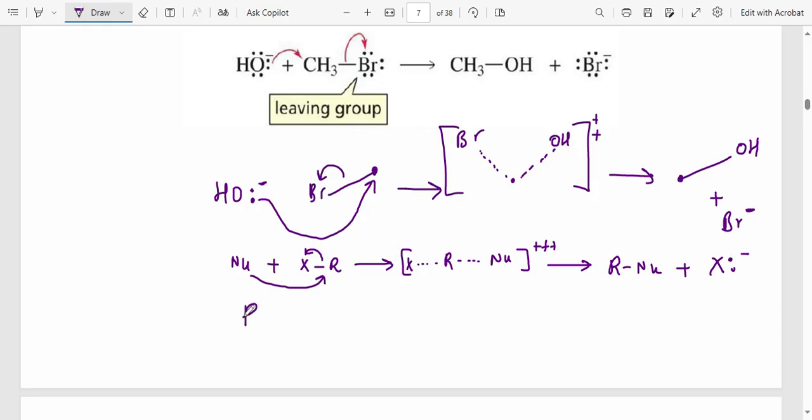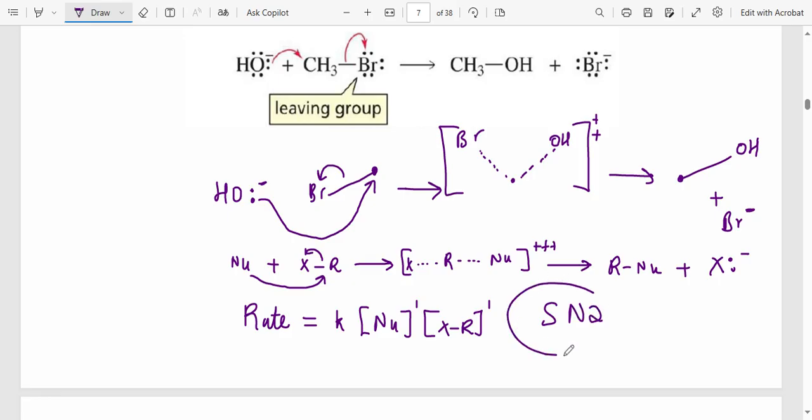So we can find the rate of this reaction. And the rate of the reaction is given by the rate constant K multiplied by, on the reactant you have got the nucleophile raised to the power 1 and then you also have the alkyl halide. So for SN2 reaction, if you double the concentration of the nucleophile, but you keep the concentration of the alkyl halide, the rate of the reaction is also going to double.